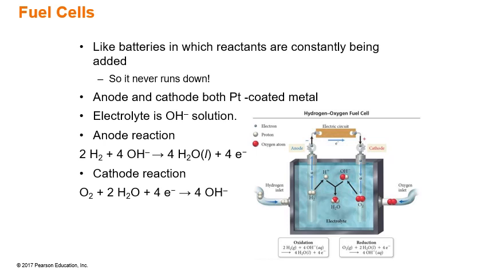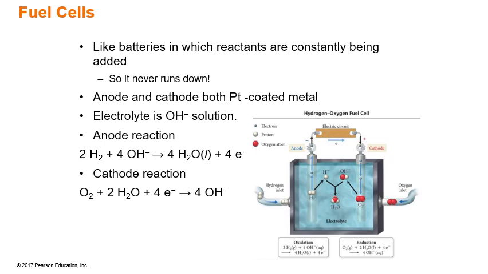And as long as those reactants are present, the fuel cell will continue to produce electricity, so we don't have to worry about it running down. We do use the anode and cathode. Both are platinum-coated metal, and this still has to be done in a basic solution.